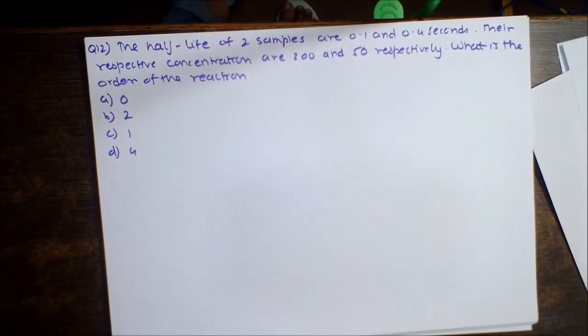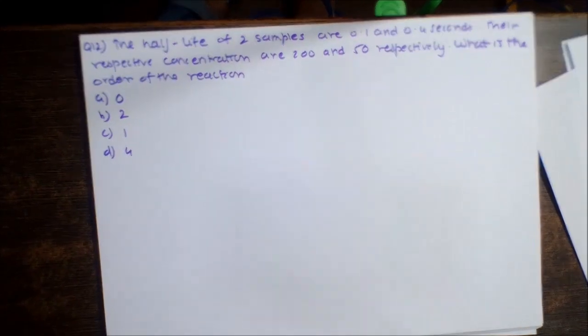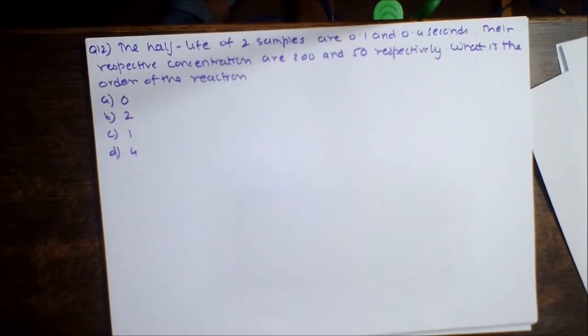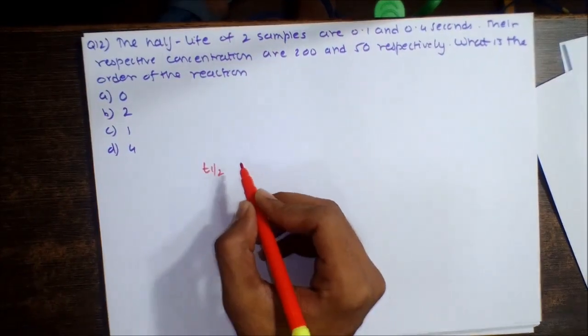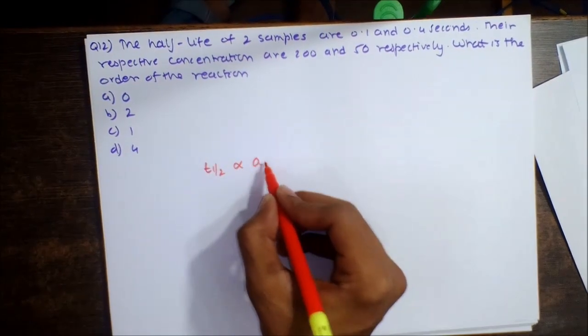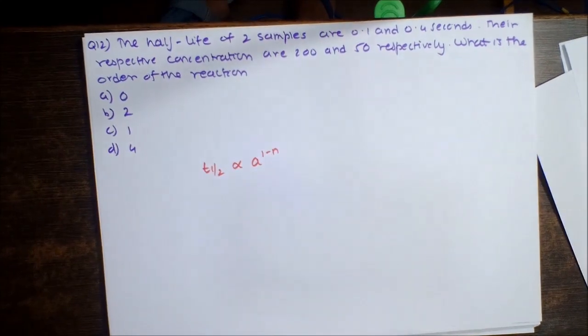Question 12. The half-lives of two samples are 0.1 and 0.4 seconds. The respective concentrations are 200 and 50. What is the order of the reaction? For any order reaction, the relationship between T half and A is given as T half is proportional to A raised to 1 minus N, where N is the order of the reaction.